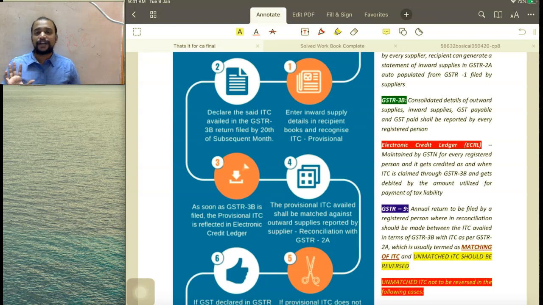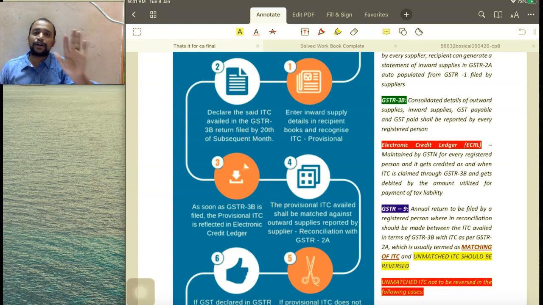Now, what is GSTR 2A? GSTR 1 is a return which is filed by every supplier. Say you are making purchases from some 20 suppliers. So every supplier will be reporting the outward supply made to you in their GSTR1, and whatever they have reported in GSTR1 will come in an auto-populated return called GSTR2A, recipient wise.